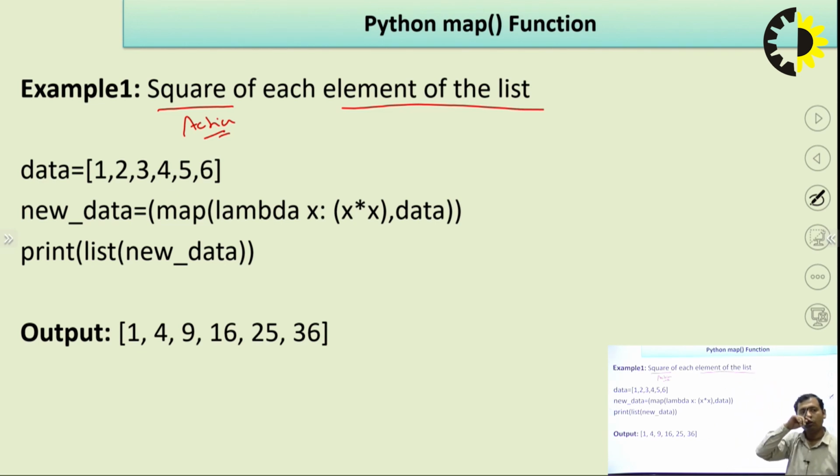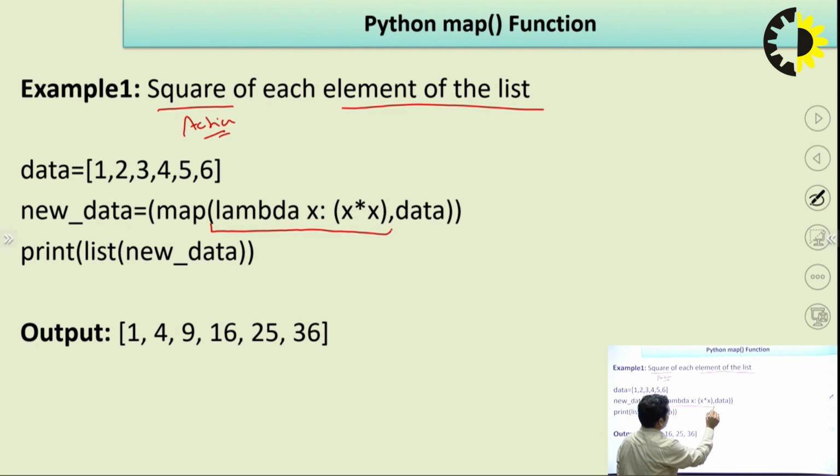So how will we do this? We will do this work with the help of the map function. Say here, we will also use the lambda function. The lambda function is here, we pass the parameter x and return the square of this particular variable, and this action is applied on each and every element of the given sequence, that is data.